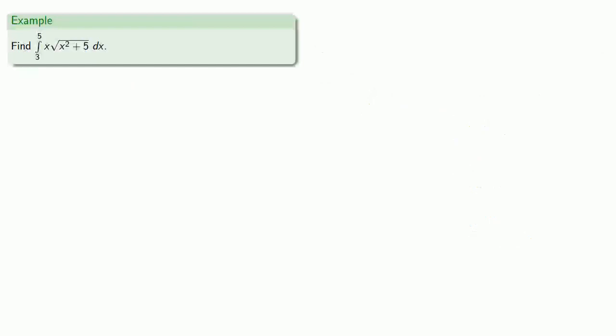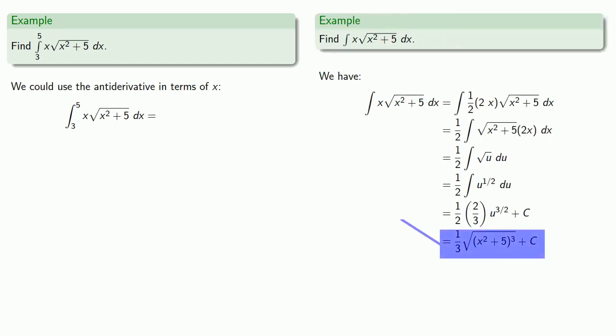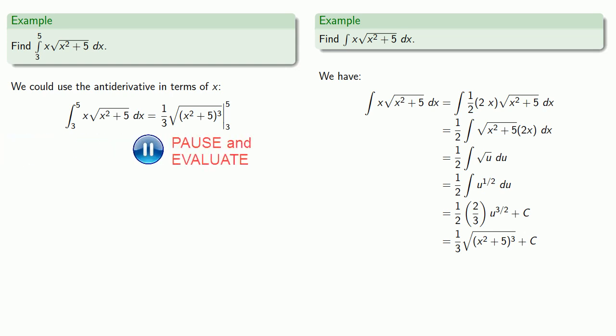What does that mean? Well, suppose I take the same integrand, x times the square root of x squared plus 5, but this time I'm going to find the definite integral from 3 to 5. On the one hand, I can use the antiderivative I found, and so I'm going to evaluate this function at 5 and subtract this function evaluated at 3, which gives me the value of the definite integral.